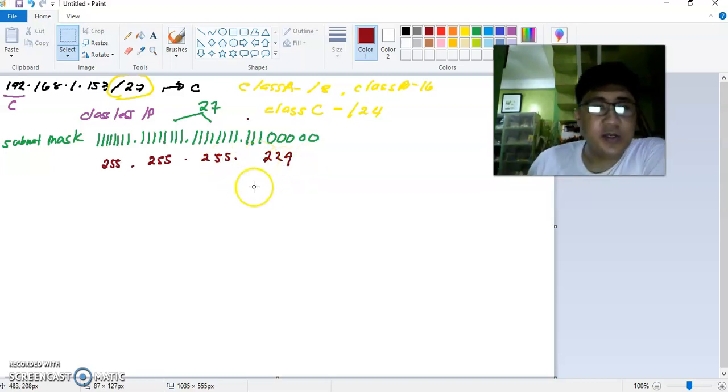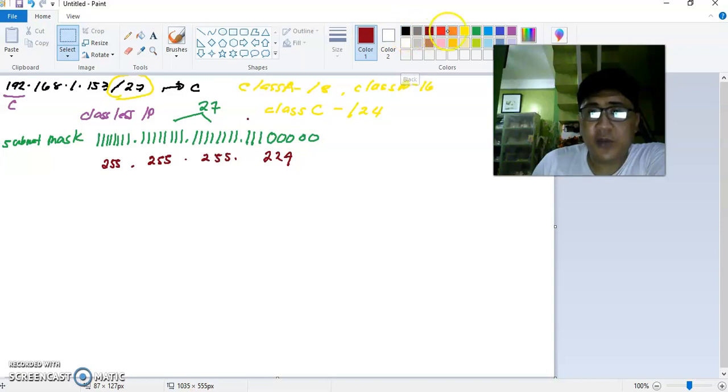So from the 224, this is your subnet mask. If you look here, we have 3 ones.